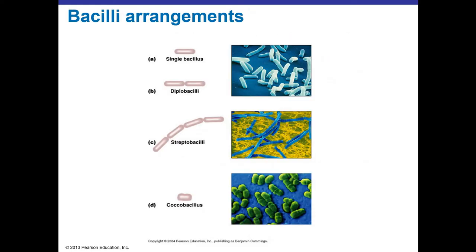For the rods, they can only divide along one plane. So we see most of the time the bacilli are going to be just single rods. They may form diplobacilli, and occasionally you may see some streptobacilli, but for the most part, they're not going to have the diversity of arrangements that we see with the cocci.